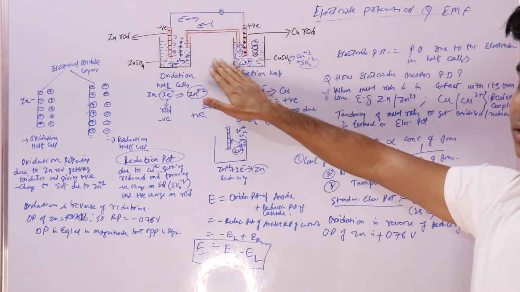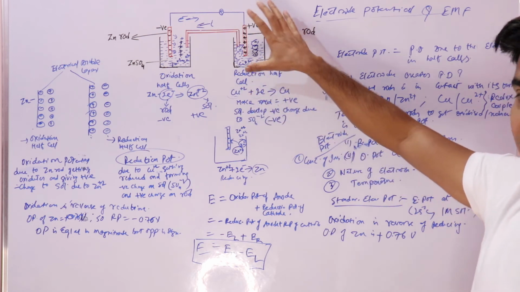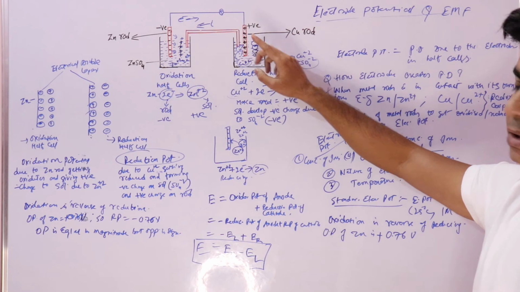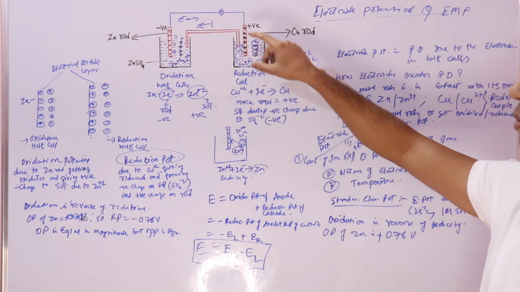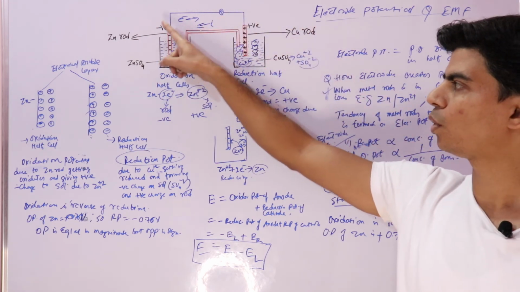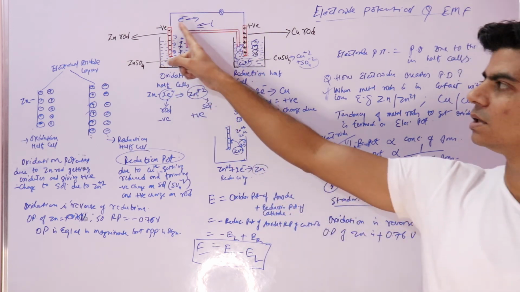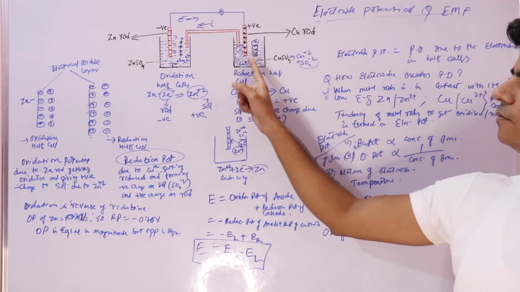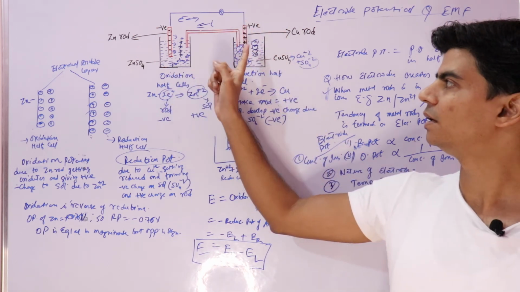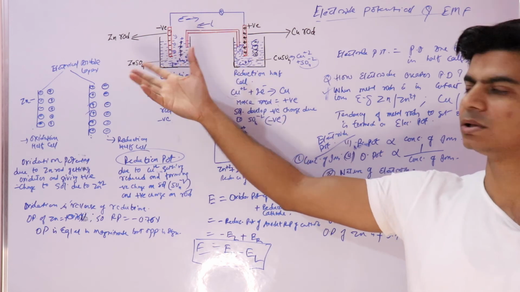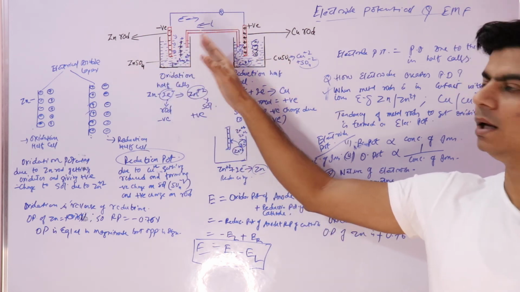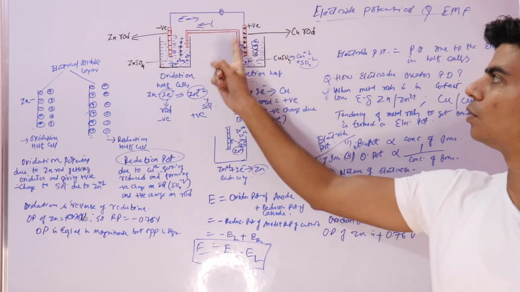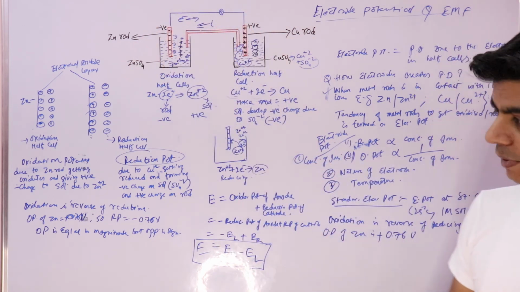Reduction is taking place in the right half cell, and due to this reduction reaction, this electrode has acquired positive charge. Similarly, due to oxidation reaction, this electrode, zinc, has acquired negative charge, and we know that positive is at higher potential, and negative is at lower potential. So there is potential difference, and current will flow from higher potential to lower potential. So current will flow from copper to zinc, right?